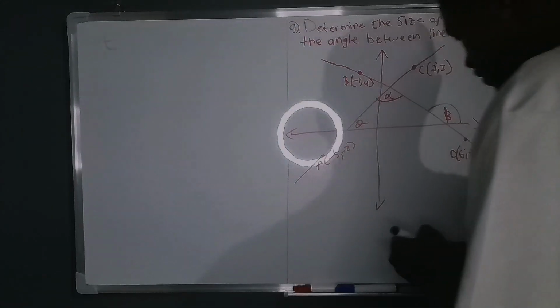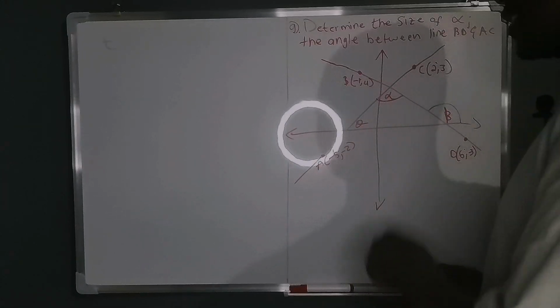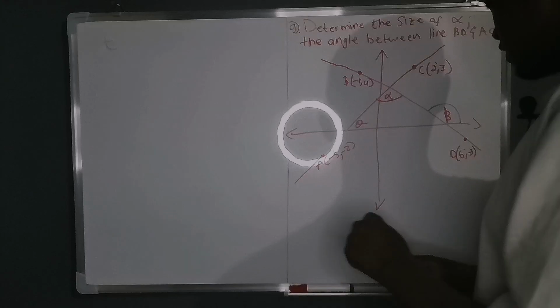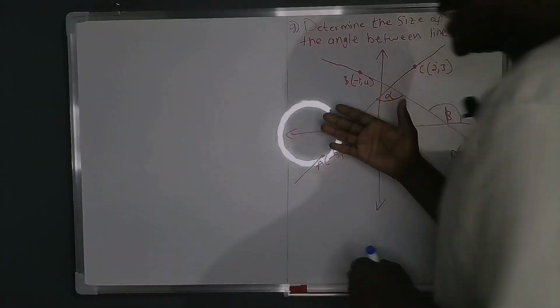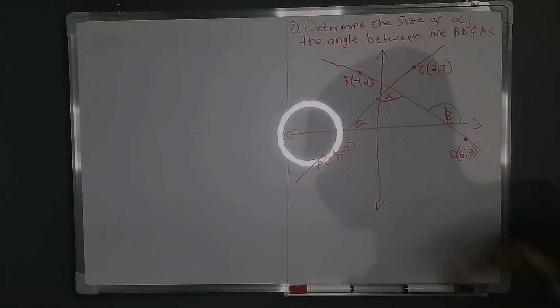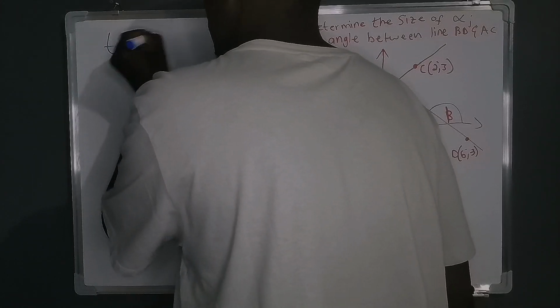Oh, guys, seems like my black color is finished, but it's fine. So remember, in inclination, there is a formula we use. In grade 11, we learned this formula: tan beta is equal to the gradient.